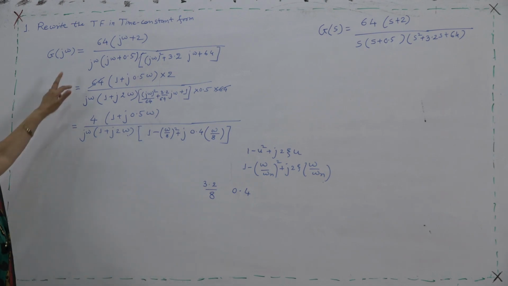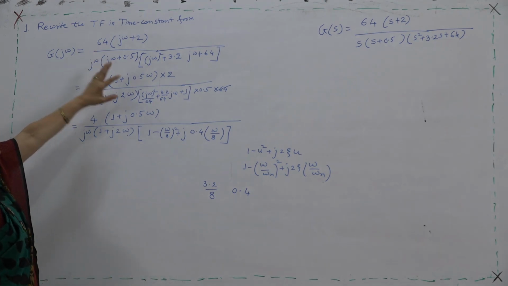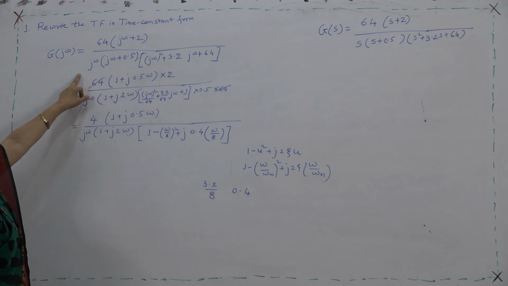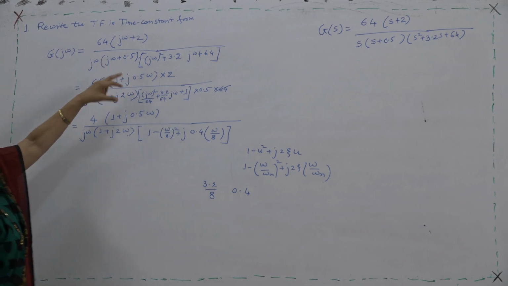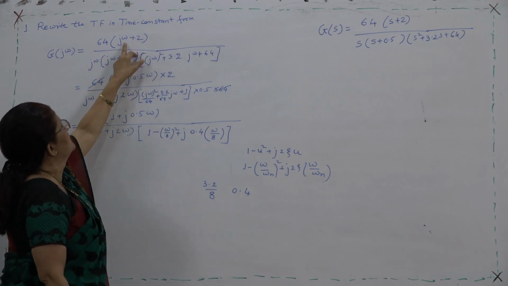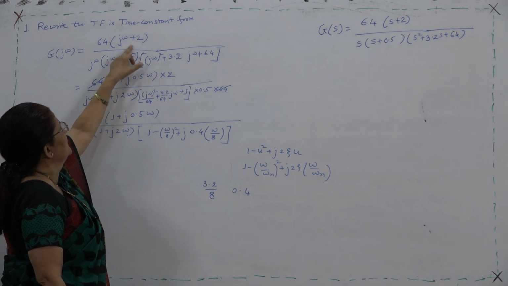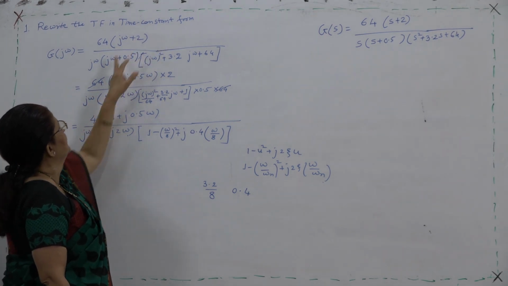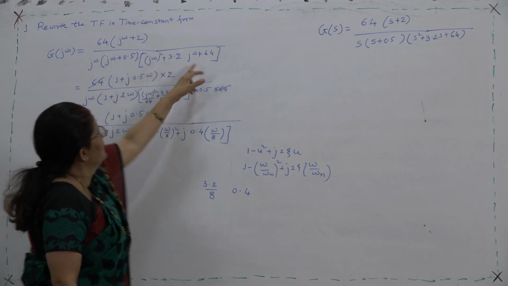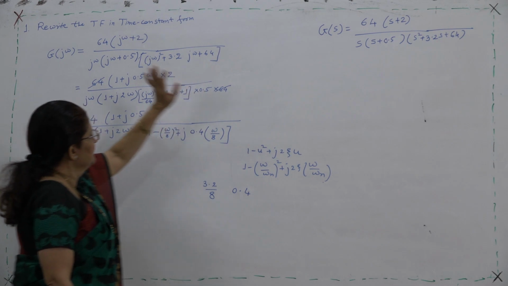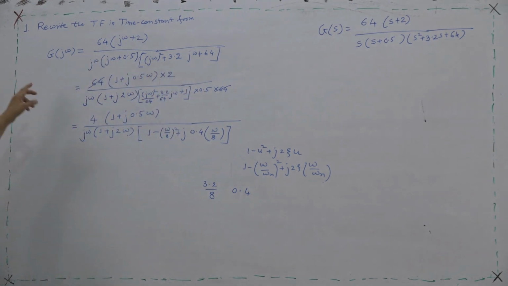See, once again what we are doing: replace s by j omega. So, we will get it like this, but we want it in time constant form. Time constant form means 1 plus j omega t. So, this is j omega plus 2. So, divide here by 2, multiply by 2. Here divide by 0.5, multiply by 0.5. Divide by 64, multiply by 64. And then simplify.